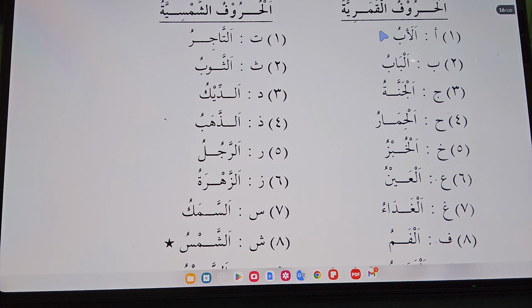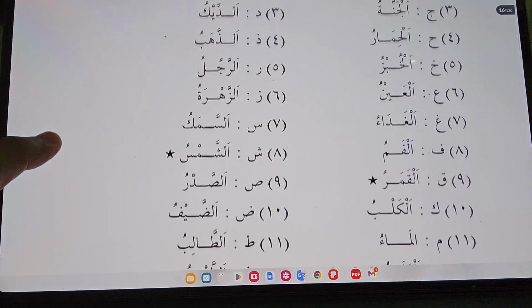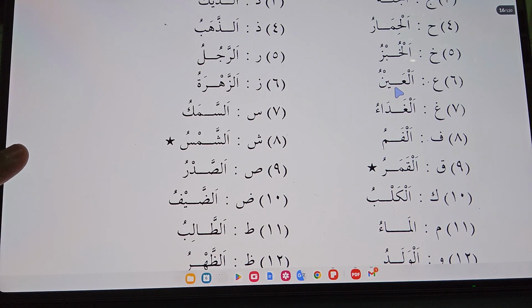Al-babu. Naam. Al-abu. طيب الباب، الجنة، الحمار، نعم. الخبز، طيب. العين، طيب.